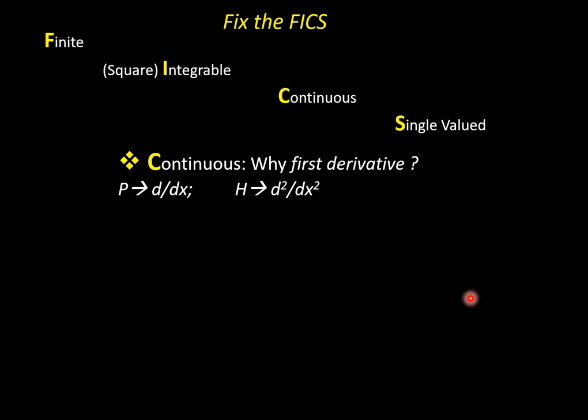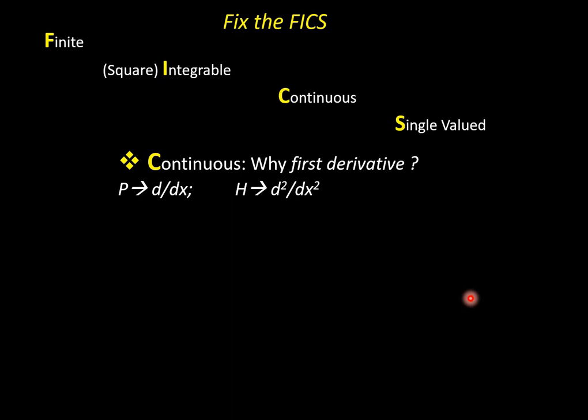Now, why do the first and second derivatives of psi have to exist? Because you know the momentum operator corresponds to d dx, and the Hamiltonian energy operator corresponds to d2 dx2. So in p psi or H psi, the first derivative of psi and the second derivative of psi have to exist, and that's why the earlier one, that is psi itself in the first case and the first derivative in the second case, has to be continuous.